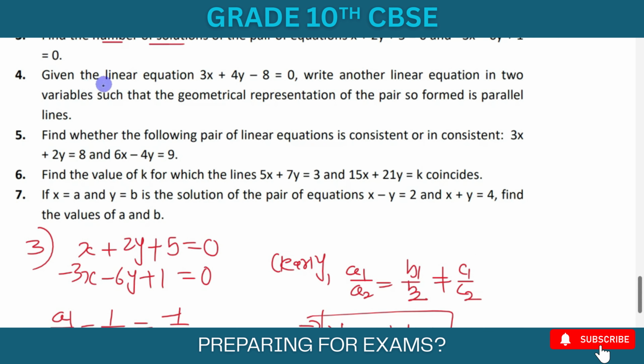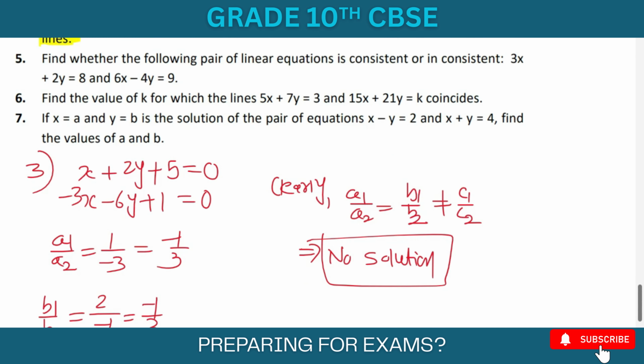Given the linear equation, write another linear equation in two variables such that the geometrical representation of the pair is parallel lines. What is the meaning of parallel lines? Parallel lines means no solution, and for no solution this condition must be satisfied.